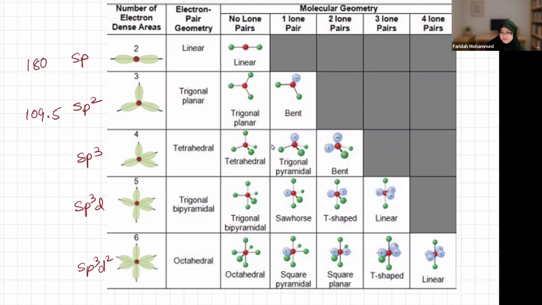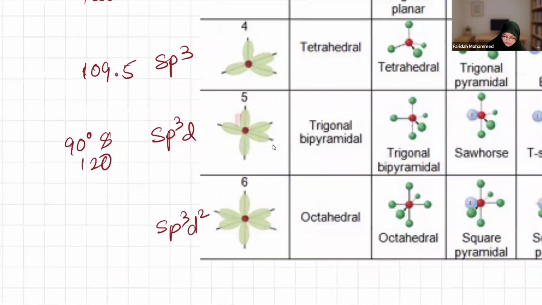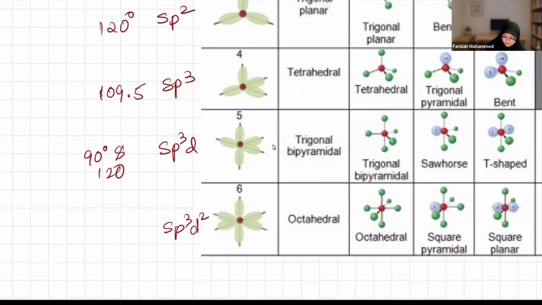Also, always say approx in your bond angle. This is 109.5, 120, 90, and 120. Which part is 90? Which part is 120? The ones that are on the plane are 120. This is 90, and this is all 90.